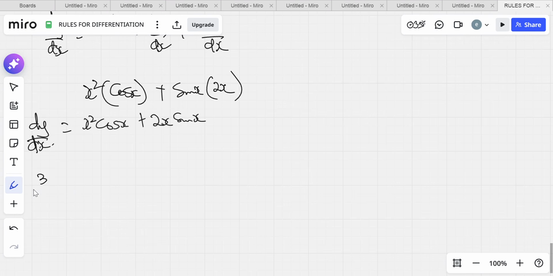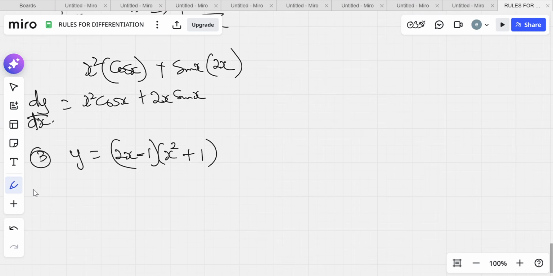So the last one is y is equal to 2x minus 1 and x squared plus 1.